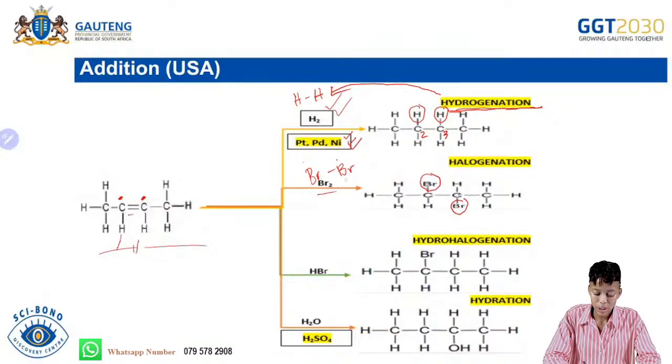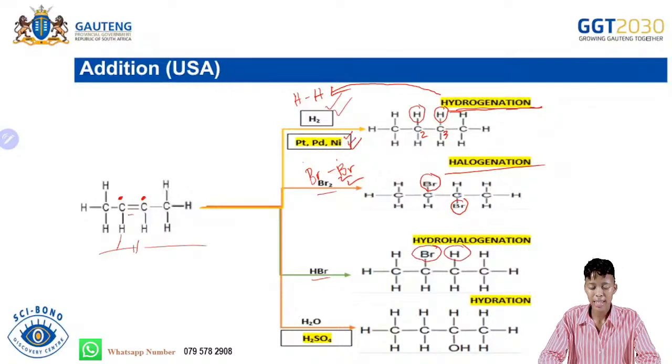So the addition of Br2 is therefore going to be called halogenation. Then next we have HBr. With HBr, where we have the double bond, that is where we are going to be adding the Br and the H. So we have an H and we also have a Br.